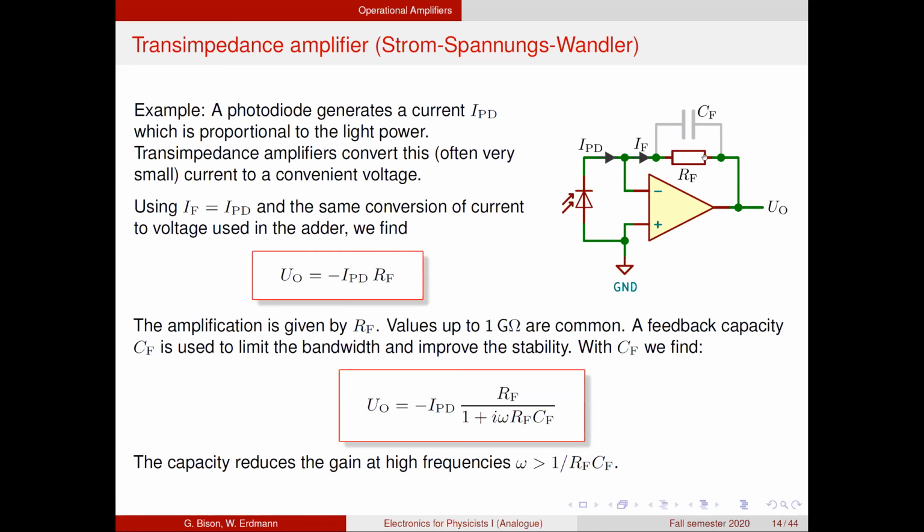Another way to say that is the feedback capacitor limits the bandwidth, and we can simply replace the feedback resistor here with the parallel circuit of a feedback resistor and the feedback capacitor, and we find this behavior here, which is a first order low pass filter. So this simply reduces the gain at high frequencies by introducing here a term that scales with omega.